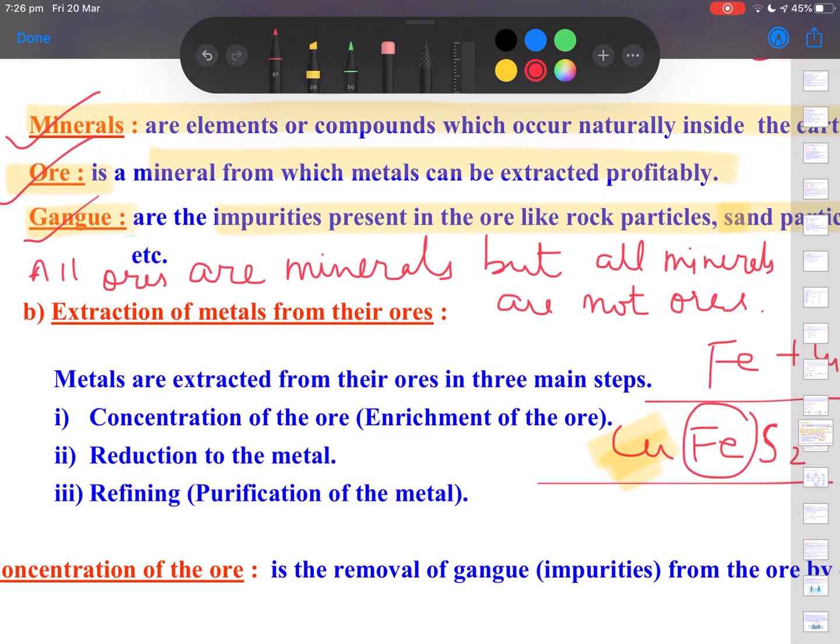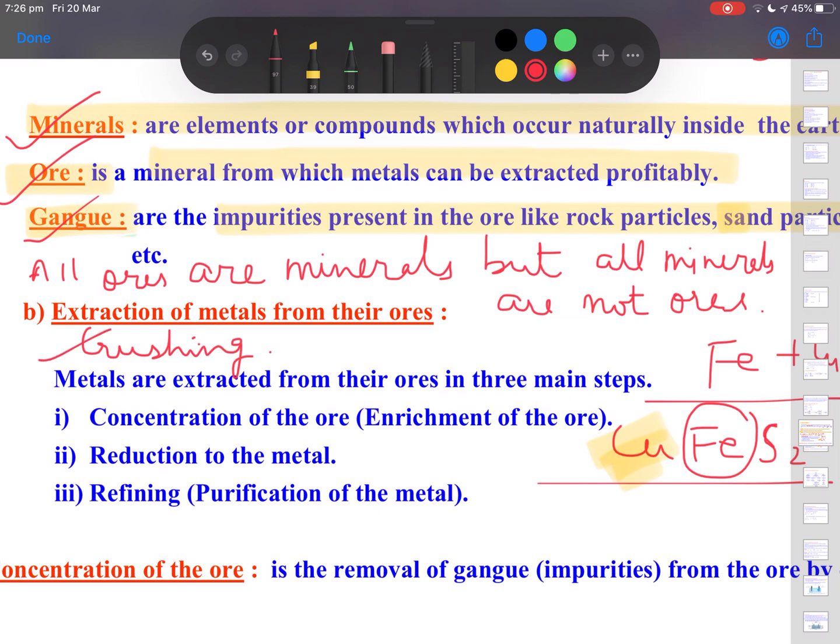The first step of extraction is crushing. You know why? Because all these ores are present in the form of huge rocks. So definitely we need to break these huge rocks into small particles so that our extraction is very easy. Therefore, we crush those large pieces of rocks into small pieces.